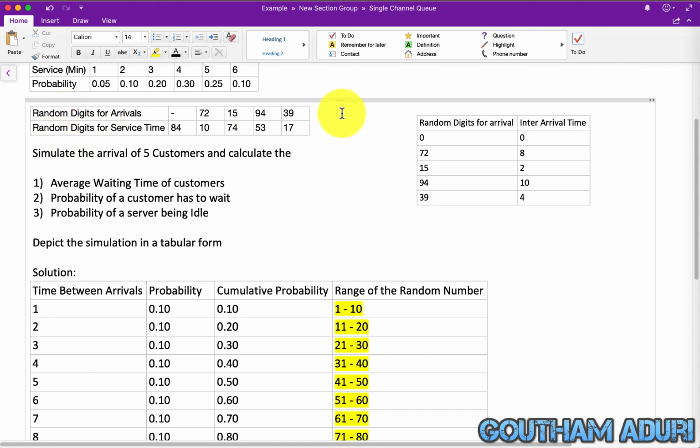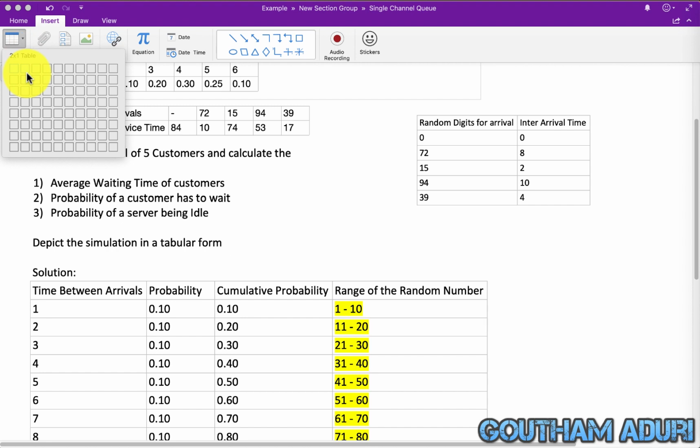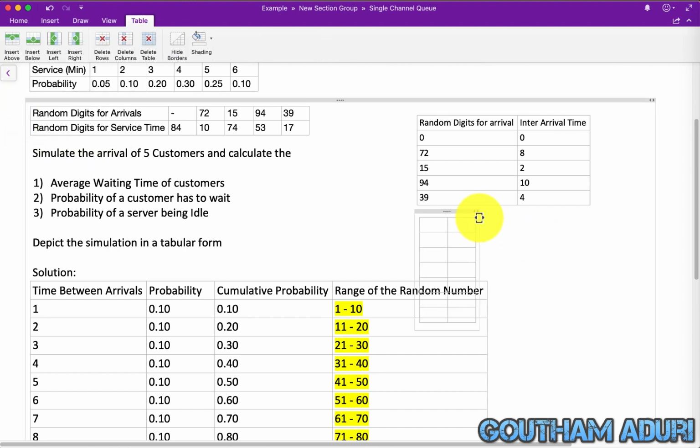The next one is I have to do the same thing. I have to insert a table for the service table also. So I'll put 2 columns, just it will be easy.